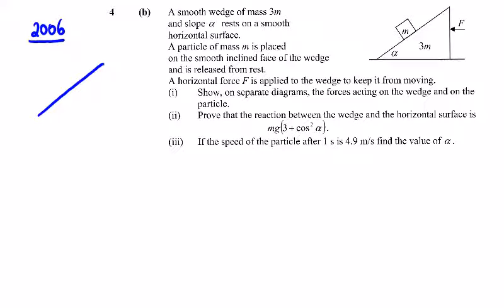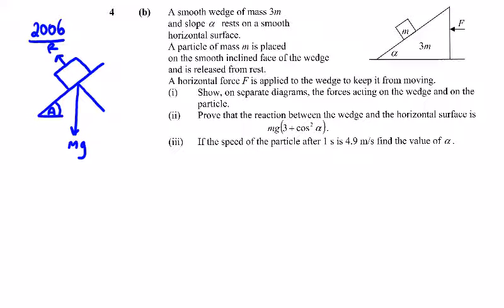Okay, let's have a look at the particle m. That's the reaction, the normal reaction R here between the particle and the wedge. Coming down this way, we're going to have its mass times gravity, mg. We have this angle alpha in here, the slope that they were telling us.